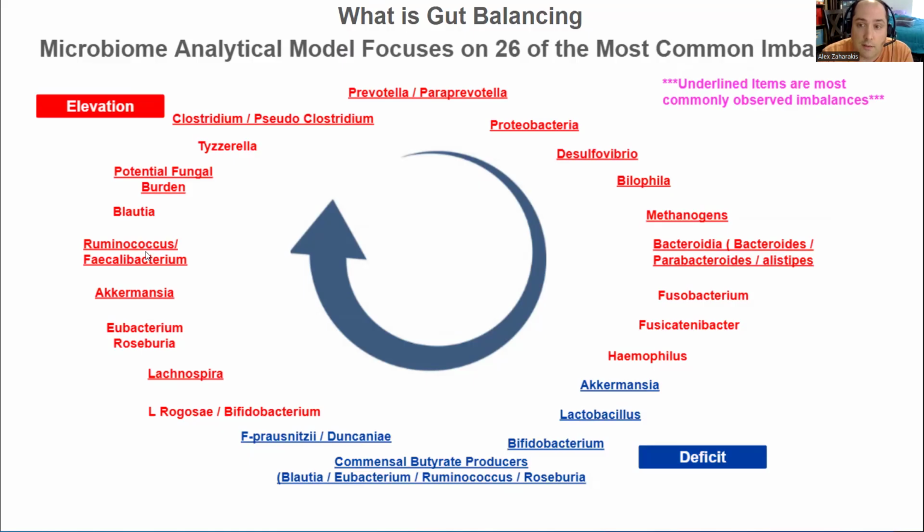And for a 16S test, it's one book. It's the same length of book. It's a much simpler problem to solve. With shotgun, it's like taking every book in the library, because you're not only looking at bacteria, you're looking at fungi, you're looking at viruses, ripping out all of the pages, throwing them on the floor, and then scattering them around and saying, okay, try to figure out what this one book is.